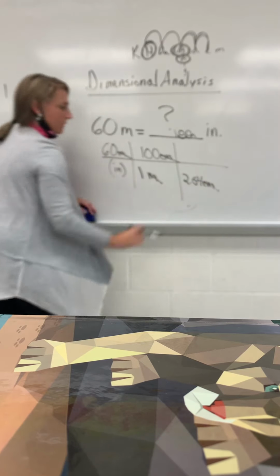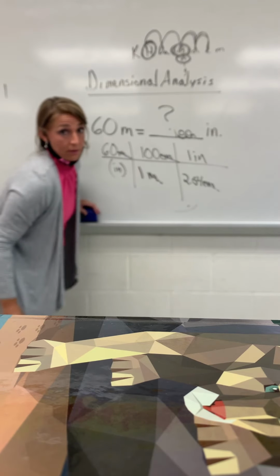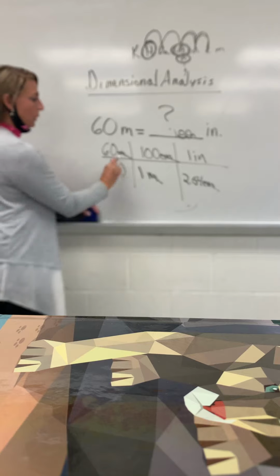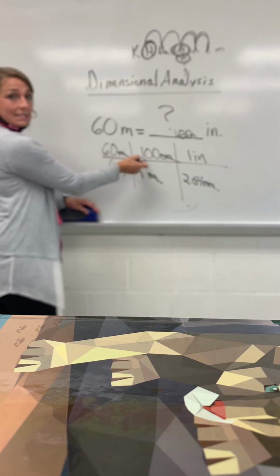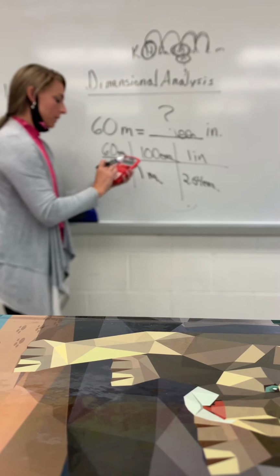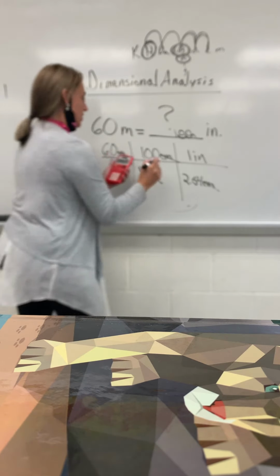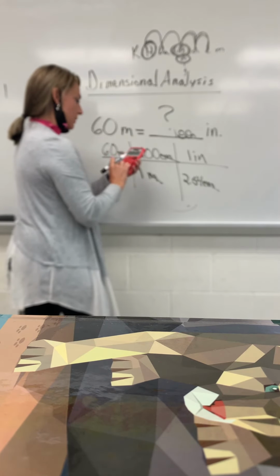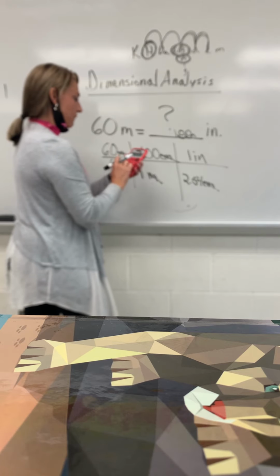Okay, so then I can put my 2.54 centimeters down low because I want to get out of centimeters, and that's equal to 1 inch, and look how quick that one was. We got out of meters into centimeters, we got out of centimeters into inch. Take 60 times 100, divide by your 2.54, and you should have 60 times 100, that's obviously 6,000, divided by 2.54.